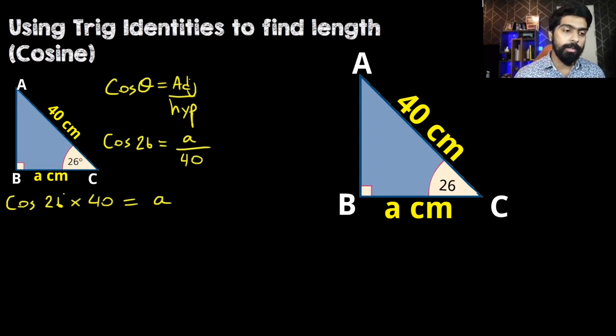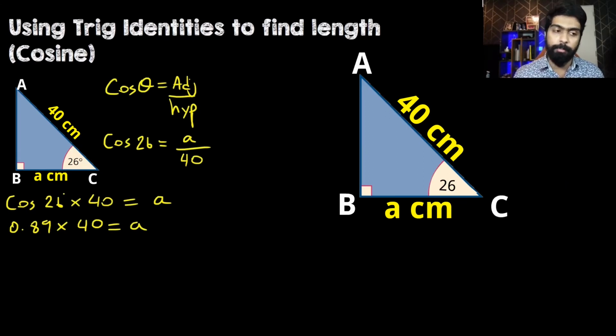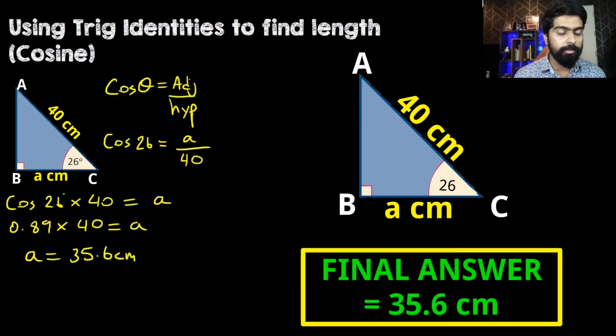So 0.89 multiplied by 40 will give us approximately 35.6. So the value of A is equal to 35.6 centimeters. All right guys, really simple, isn't it?